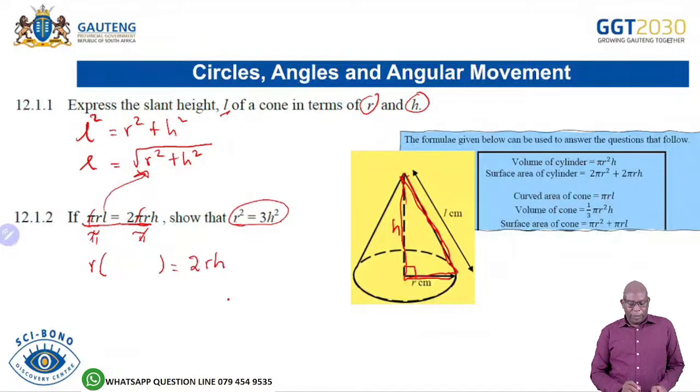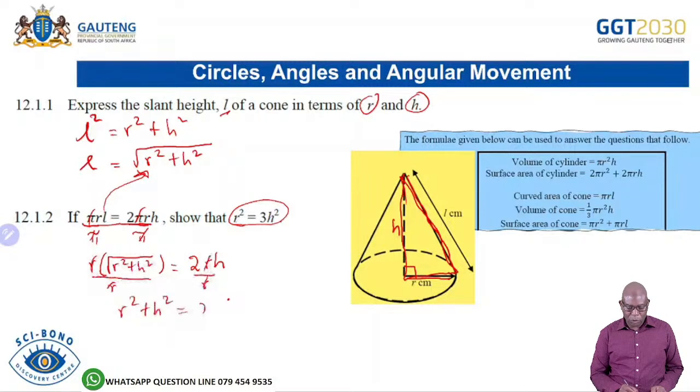Now the L is going to be the square root of R squared plus H squared. I can then divide both sides by R. The R and the R cancels out. I'm left with the square root of R squared plus H squared equals 2H.